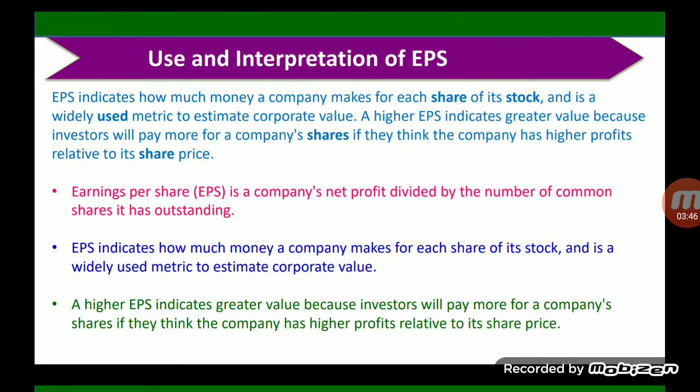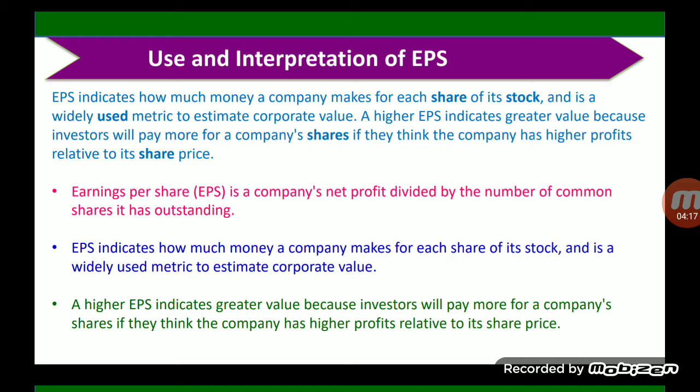What are the uses of EPS, and how can we understand the concept of EPS? What is the interpretation of EPS? EPS indicates how much money a company makes for each share of its stock, and is a widely used metric to estimate corporate value.